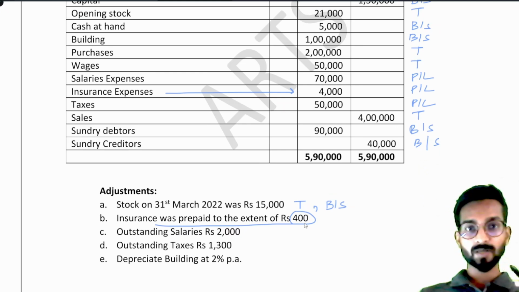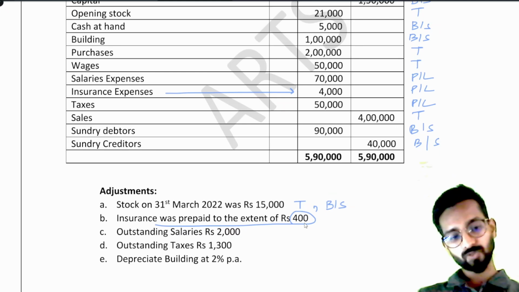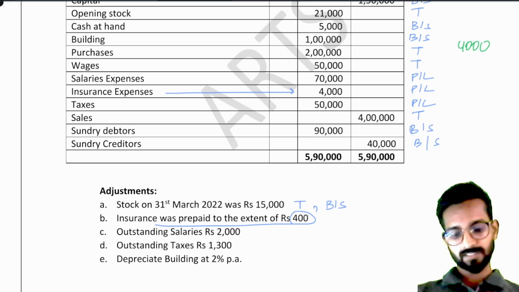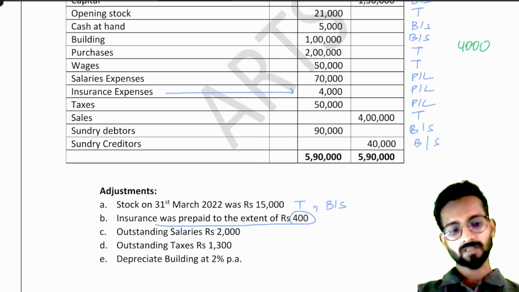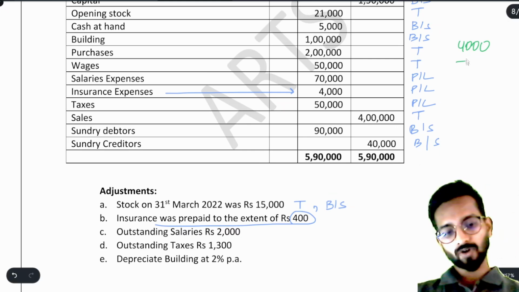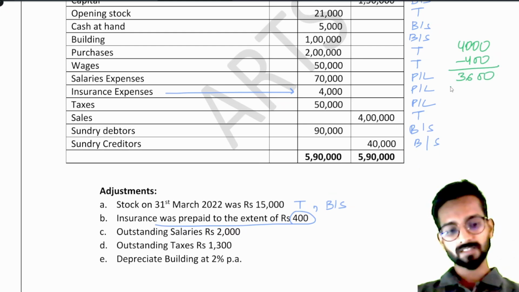But when we prepare profit and loss, we write the profit and loss account for the current year. So you will say, sir, for the current year we have paid only 3,600.